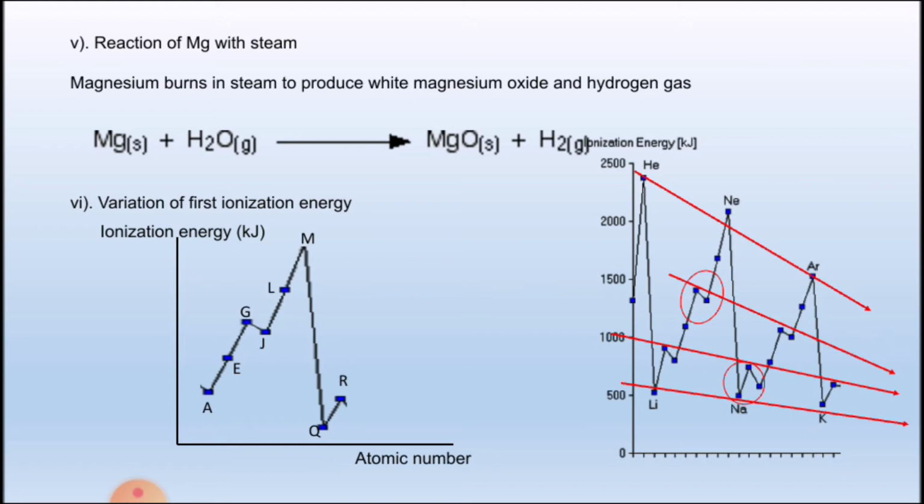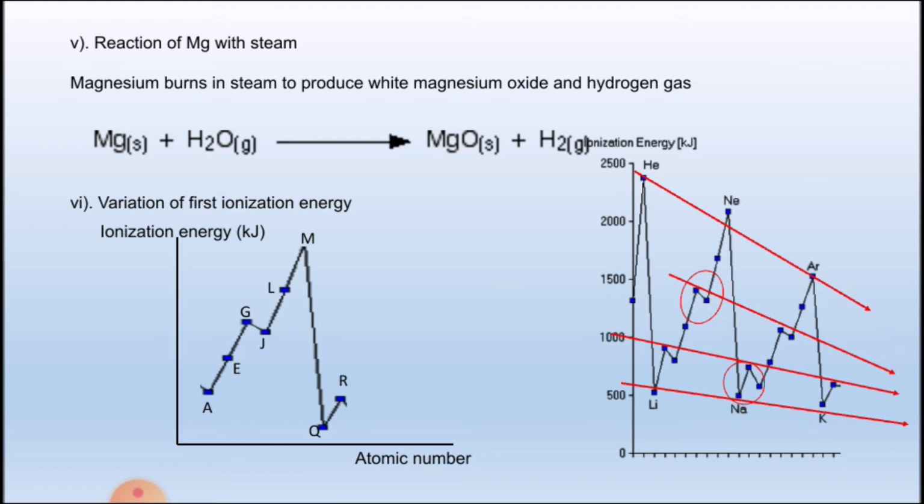Always remember the lowest first ionization energies belong to group 1, then there are intermediate ionization peaks for group 2 and group 5, but the adjacent groups, group 3 and group 6, have relatively lower first ionization energy than groups 2 and 5.